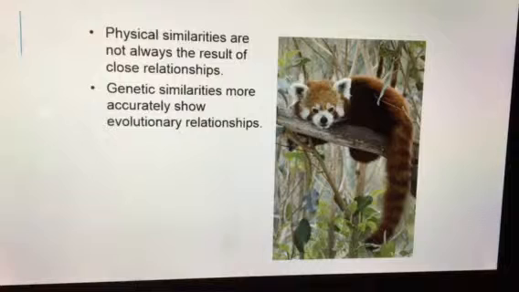It is genetically more similar to a panda bear than it is to a fox. But with the Linnaean classification system, its physical characteristics would have put it in more of a fox category than a panda category. So genetic similarities are way more accurate at showing evolutionary relationships than physical characteristics.